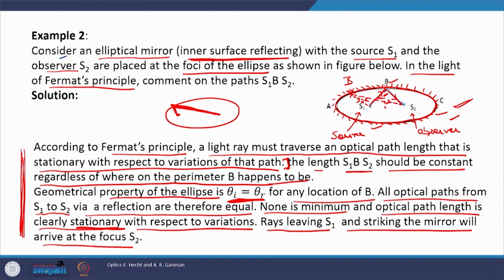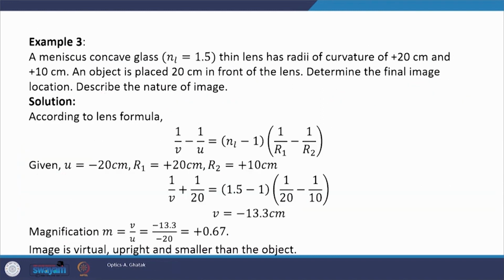Now, we will move to the next example, which is example number 3, and the statement here is a meniscus concave glass thin lens. Meniscus means our lens is in this form. And it has radii of curvature of plus 20 centimeter and plus 10 centimeter, which is of course true, because if you form the first sphere from the leftmost refracting surface, it would be on the right hand side of the refracting surface, therefore the radius of curvature would be positive, and this is plus 20 centimeter.